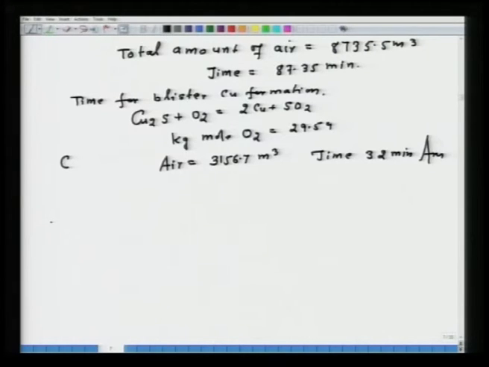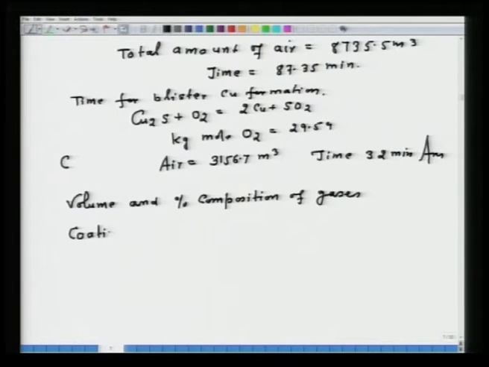Now, part D says you have to find out volume and percentage composition of gases. So, here you have to find out the volume and percentage composition in each stage. Say the first stage you have is the coating stage. Now, you have to write down the relevant chemical reaction that we have written already.